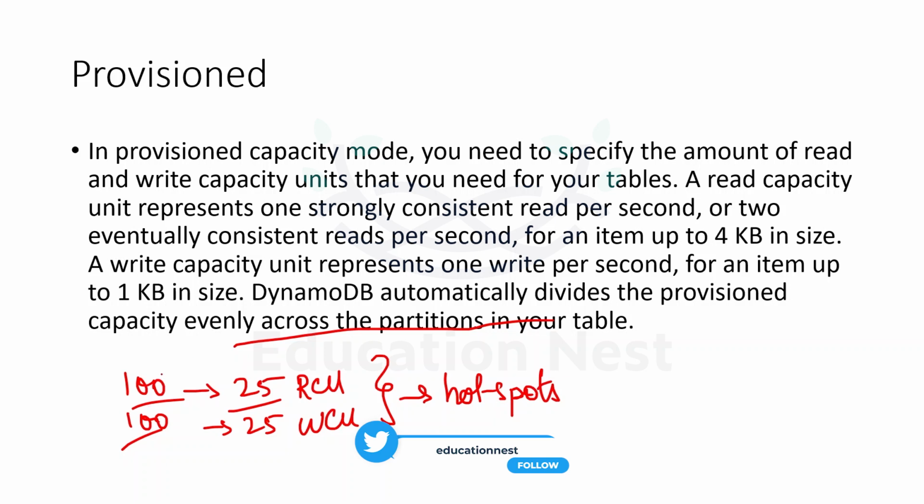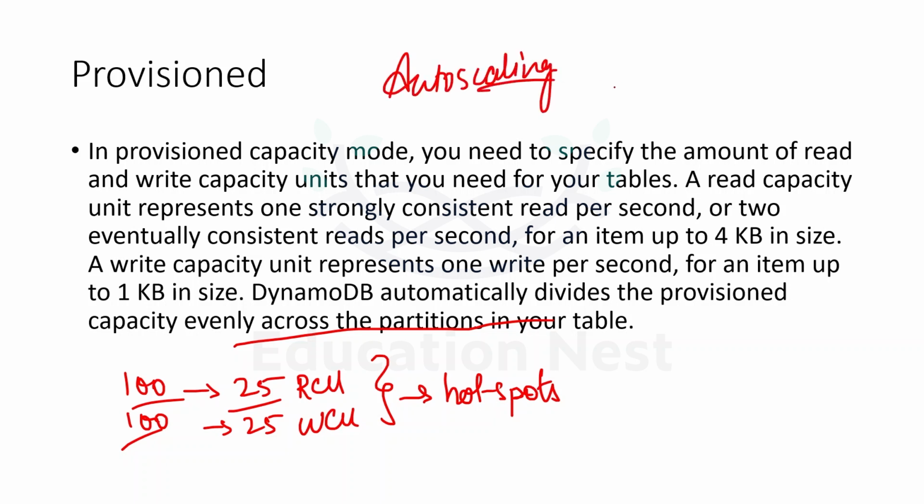I want to scale out. So this also provides us with the functionality of auto scaling. So you can say that a minimum of 100 RCUs I want, but maximum it should stretch up to 1000 RCUs. By that, you would also not be throttling your incoming requests.